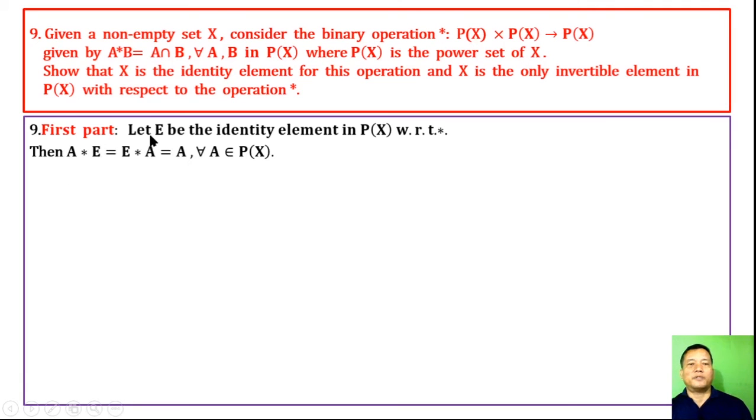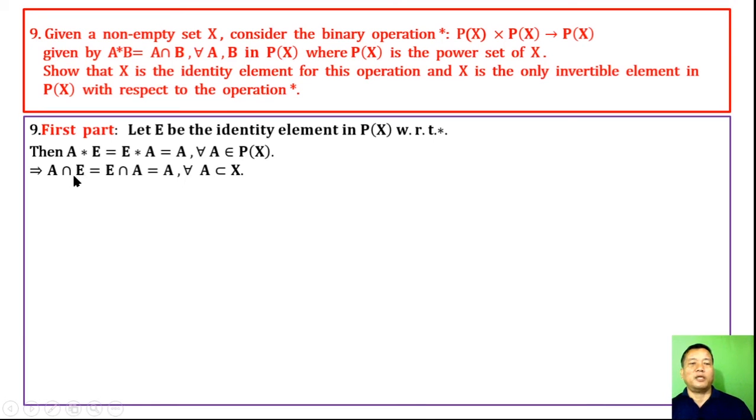Then E is an identity element, so for any set A in P(X), A asterisk E equals E asterisk A equals A. By definition of an identity element, A asterisk B is A intersection B, so A asterisk E is A intersection E, and E asterisk A is E intersection A, equal to A for all A, subsets of X.